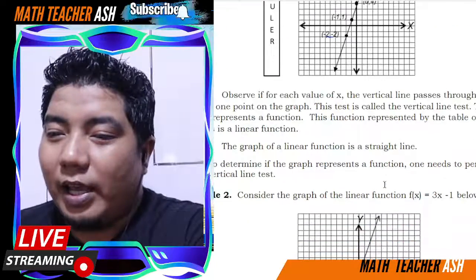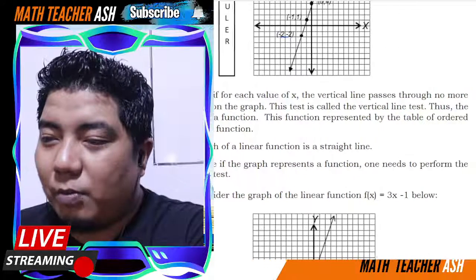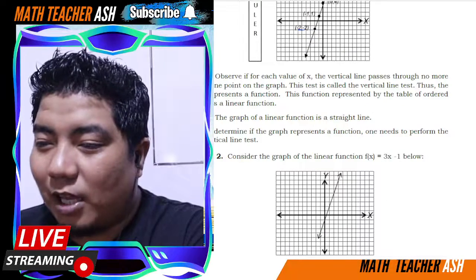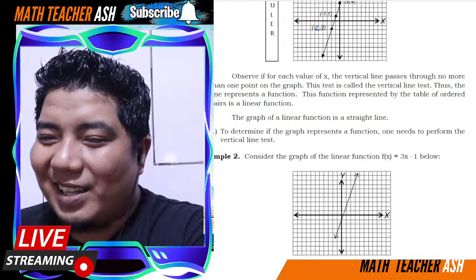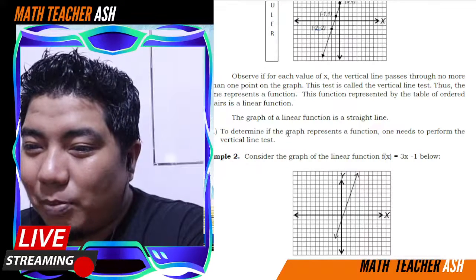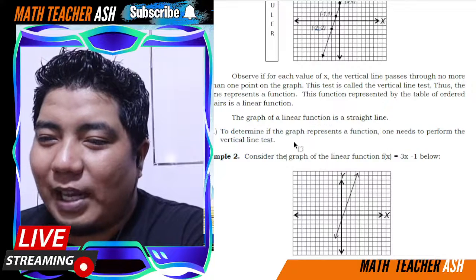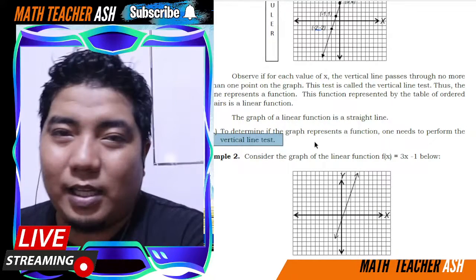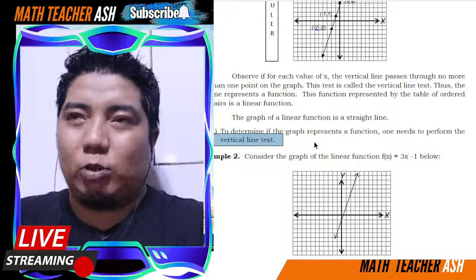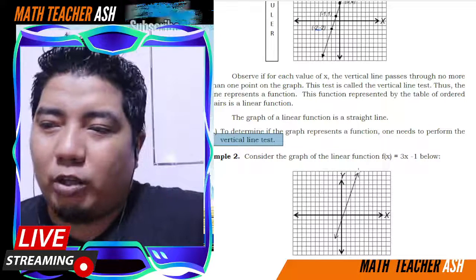Okay? And to determine if the graph is a function, one needs to perform the vertical line test. Okay? Baka hindi nyo nalaman kung saan ako nagbabasa nun. Alright. So, ito yon. We have here. To determine if the graph represents a function, one needs to perform the vertical line test. Remember, we have already discussed this last week. So, gagawa ka lang ng mga vertical lines, tatamaan mo yung graph mo, itong linear function mo.